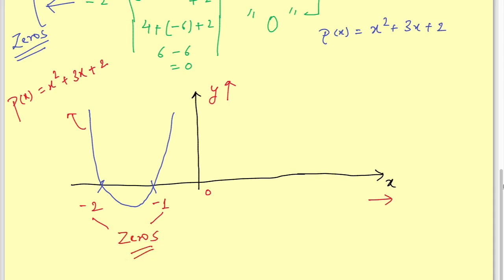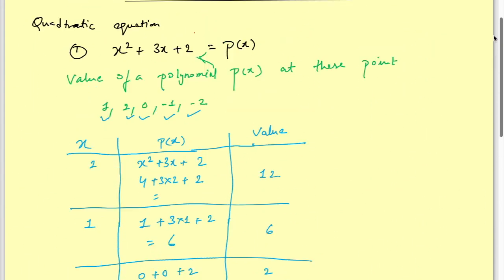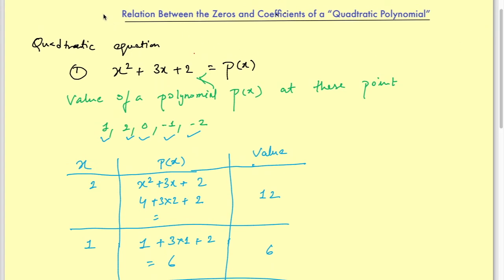Okay, so now we will move to our topic, that is the relation between the zeros and coefficients of a quadratic polynomial. Quadratic polynomial means it is of degree 2.